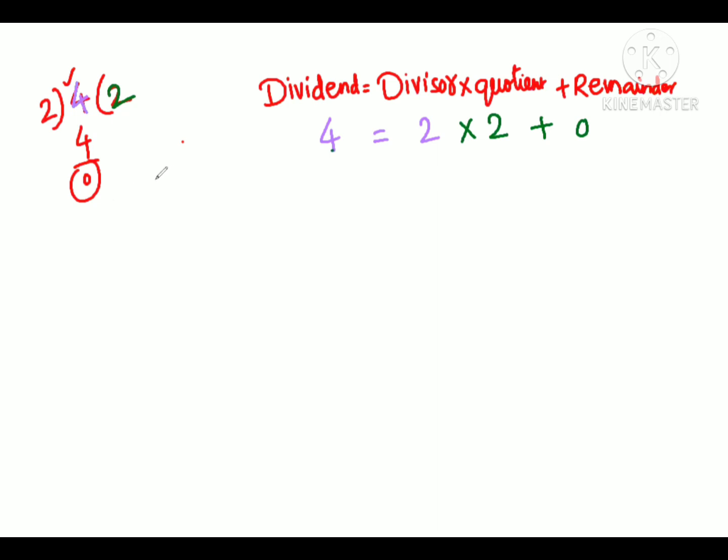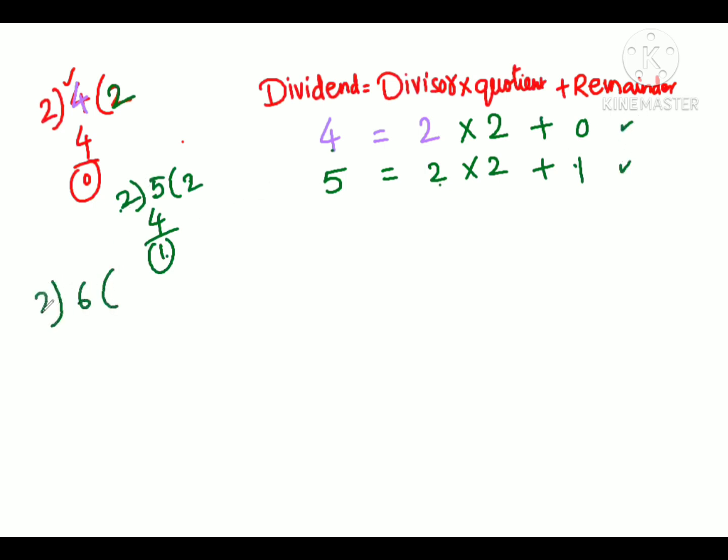You get the same answer. If we divide 5 by 2, 2 twos are 4 and remainder 1. So 5 is equal to 2 into 2 plus 1. 2 twos are 4, 4 plus 1 is 5. Verified. Now 6 divided by 2: 2 threes are 6.